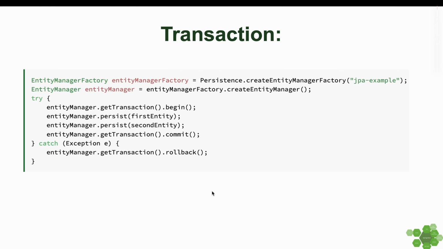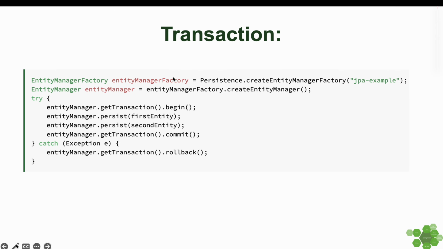Then we have the entity manager, which you get from the persistence context. Then what we are doing is we say entityManager.getTransaction().begin(). Then we do whatever we want to do. Then we commit. If there was an exception, we roll back.